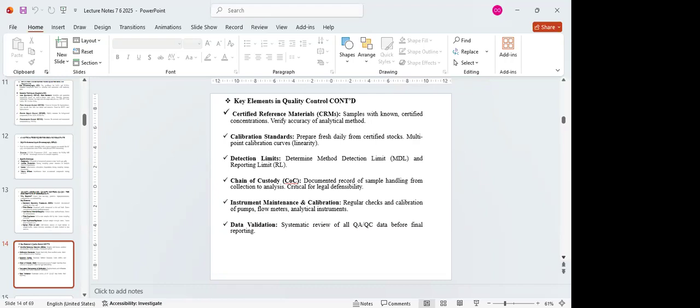Now we have the instrument maintenance and calibration. Of course, these are simply regular checks and calibration of pumps, flow meters, analytical instruments. However, I must be realistic with you. These days, with what is obtained in our different laboratories, we don't have good instrument maintenance and calibration practice.